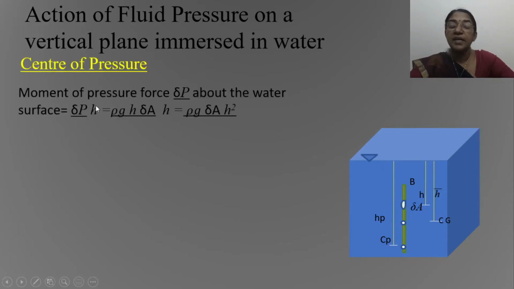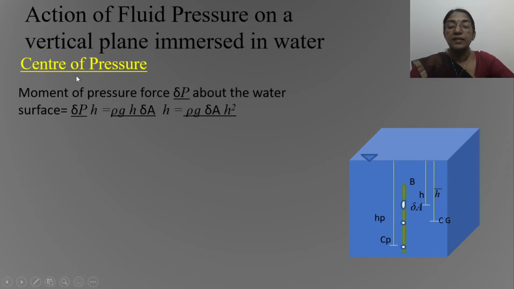So if you take the moment of the pressure force on this element about the free water surface, that is equal to delta P into h. What is delta P? Delta P is the pressure force acting on the small element. So delta P equals rho g h, that is the intensity of pressure, multiplied by the area of the small element, into h.